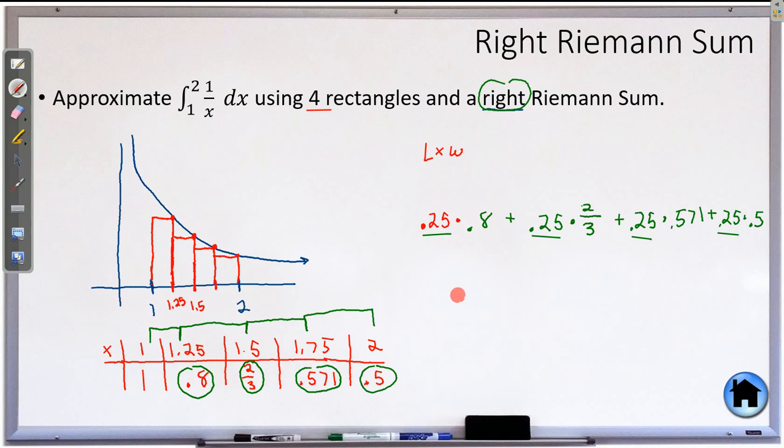So if I want to make my life a little easier, factor out the 0.25 in this case, and then you'll have 0.8 plus 2/3 plus 0.571 plus 0.5. That will be a little easier to type into the calculator than all the multiplications at once.